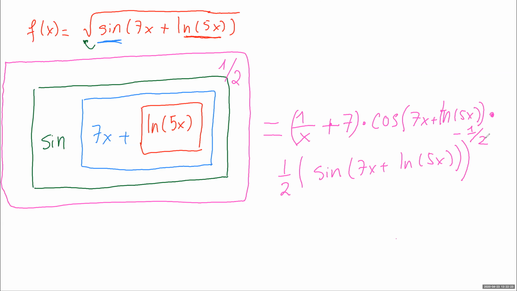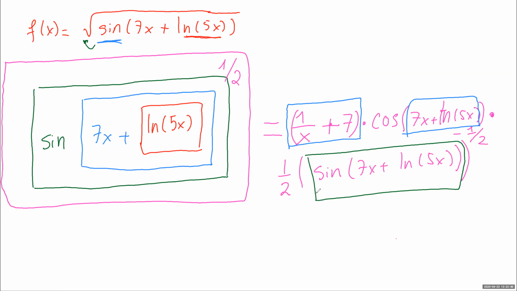So you can see that this here is a blue box. This is the derivative of the blue box, and this is the blue box. Okay, and this is the green box. This should be the red box, actually.